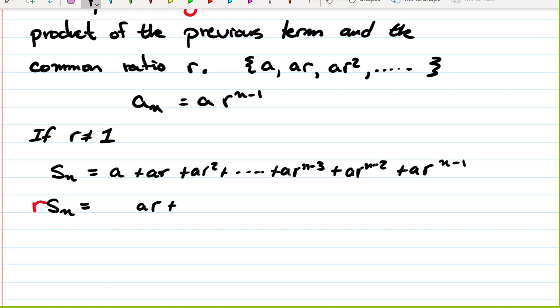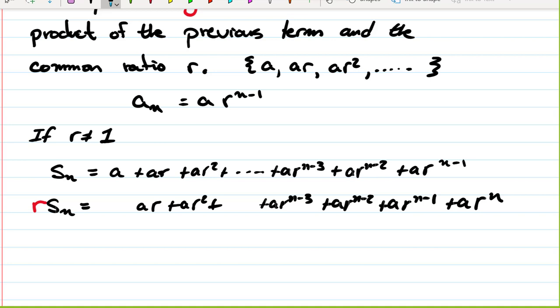AR times r would be AR squared, plus all the way out, we would have AR to the n minus 3 plus AR to the n minus 2 plus AR to the n minus 1, but then AR to the n minus 1 times r is going to give us plus AR to the n.